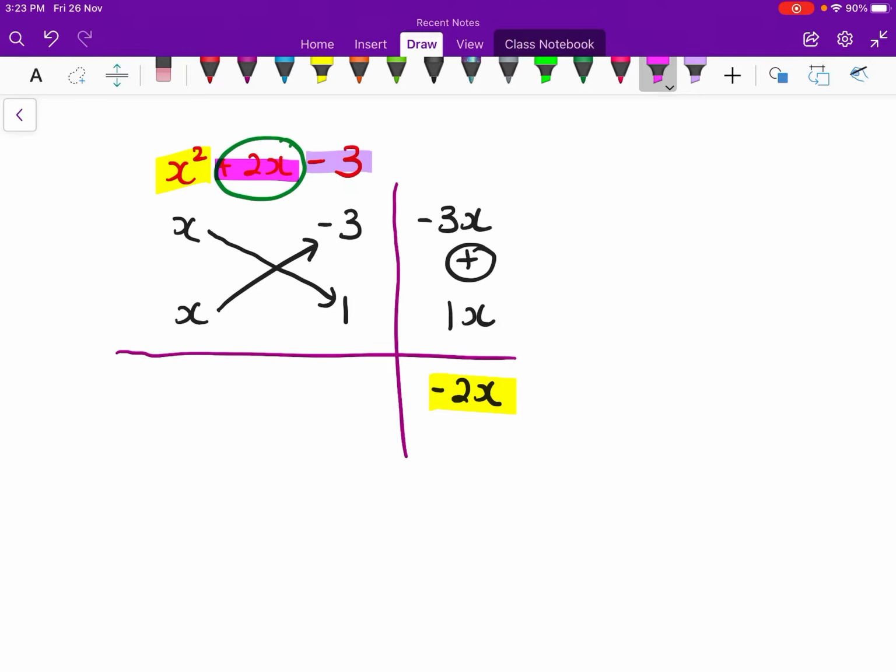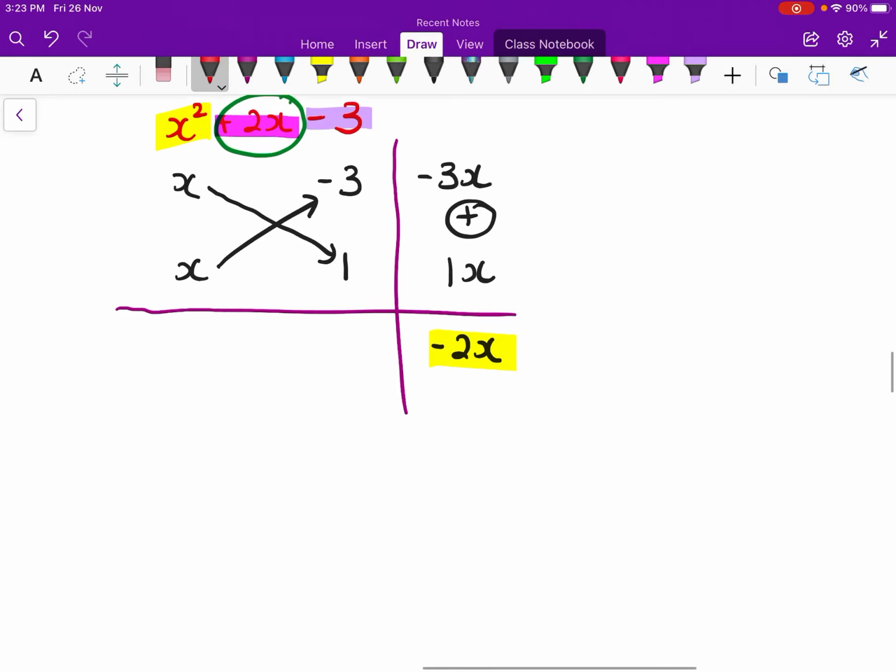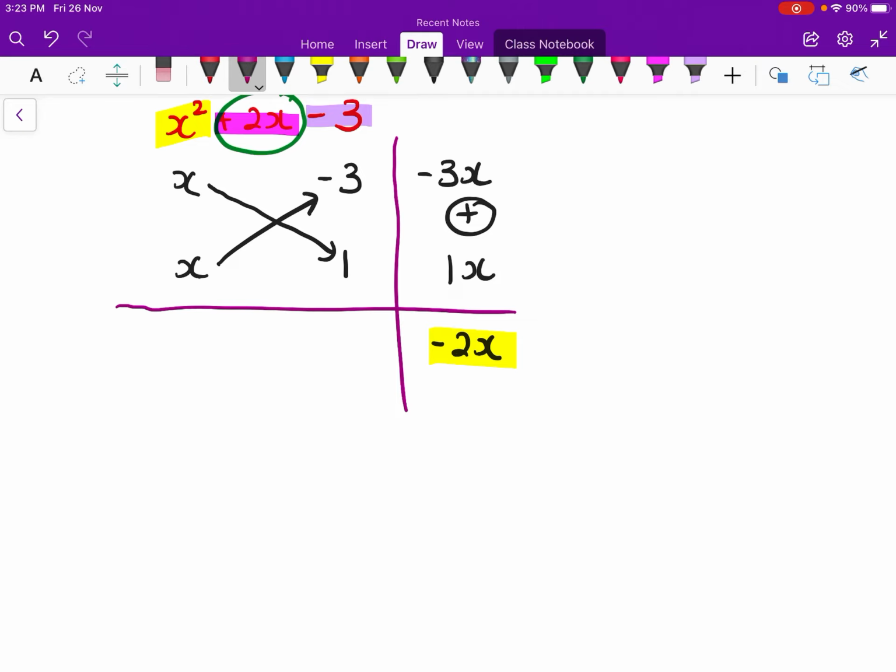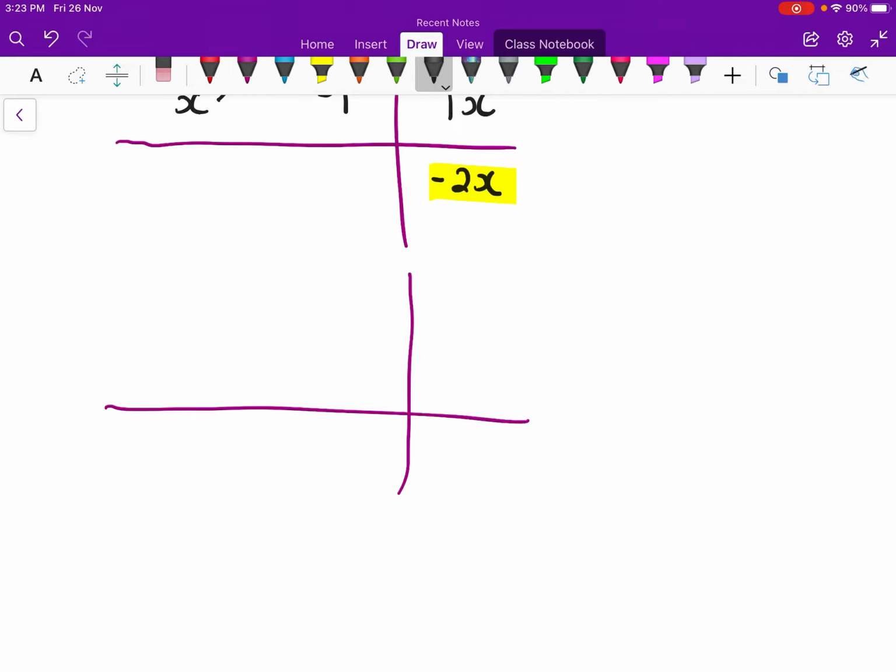So why not, instead of negative 3 times 1, maybe I put positive 3 times negative 1 to see whether I can get the correct answer. This one is a bit of trial and error, so let's try one more time. Same thing, separate the x and x.